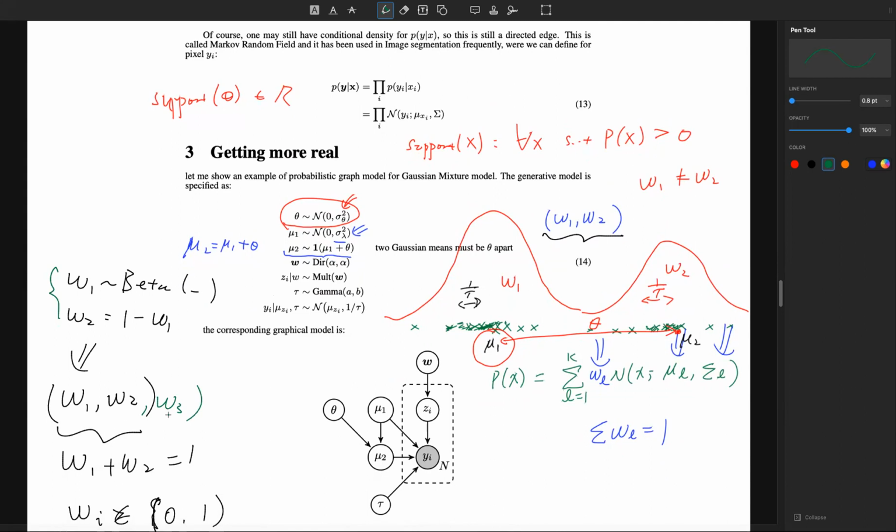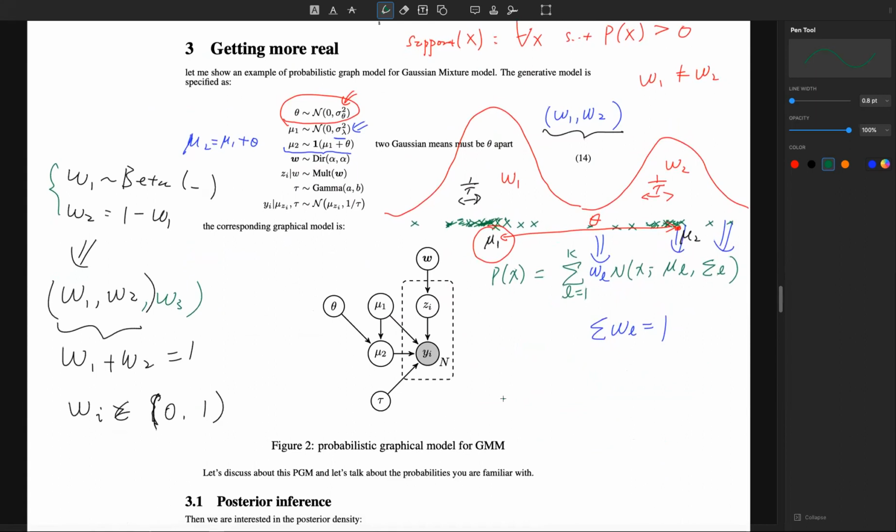So more generically, W is equal to a Dirichlet distribution of alpha 1 to alpha k, if W has dimensionality of k. So beta distribution is a special case of the Dirichlet distribution when you only have 2 dimensions.